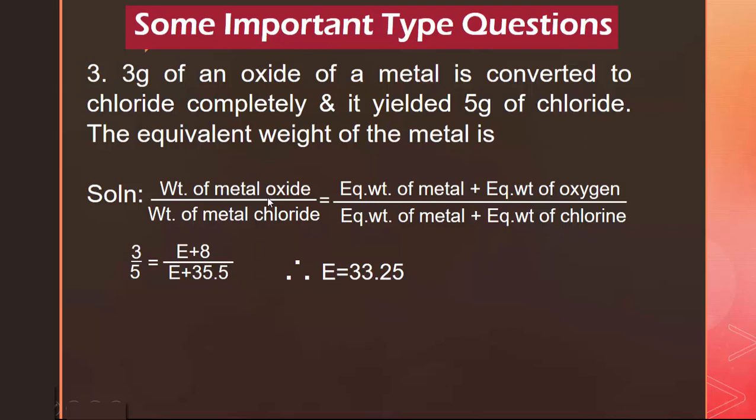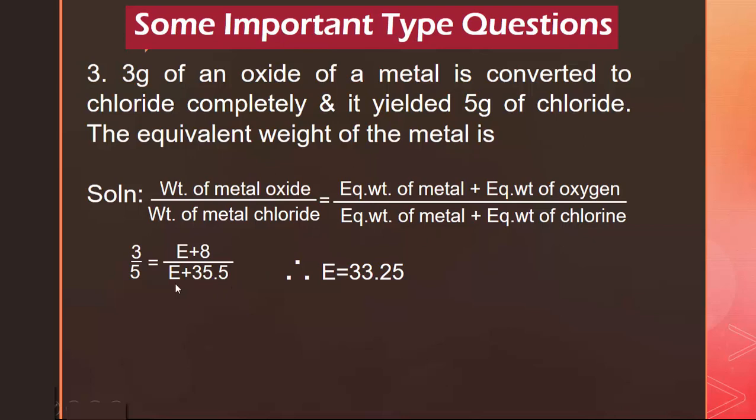Now we know that weight of metal oxide is 3 grams divided by weight of metal chloride is 5 grams, will be equal to equivalent weight of metal which we do not know. So let's take it as E, plus the equivalent weight of oxygen, which is 8, the standard value.